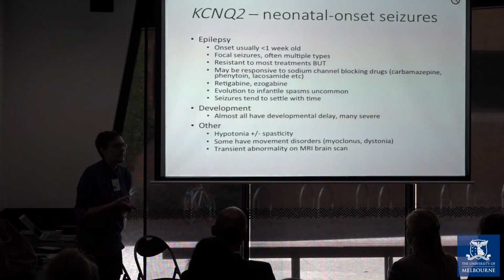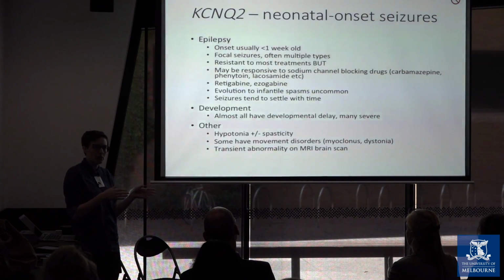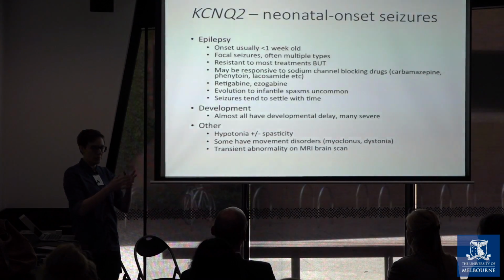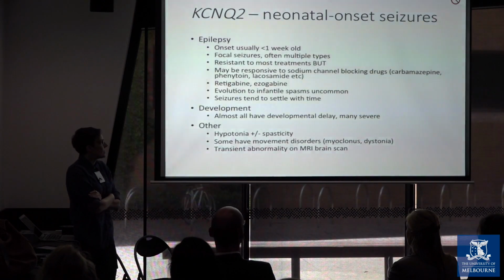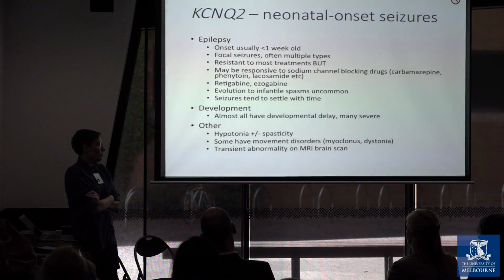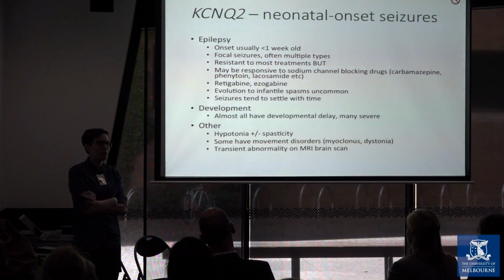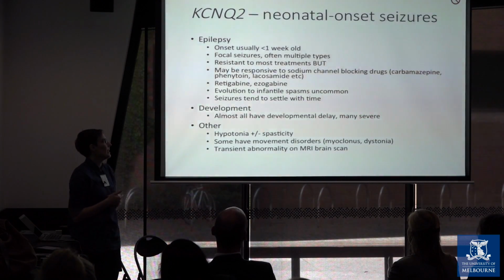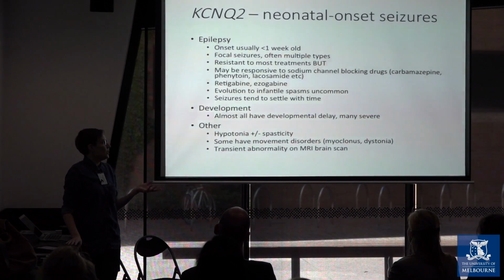One of the differences is this condition seems to respond a bit better to other sodium channel blockers, so I don't mean better than phenytoin, I mean it also responds to other ones. And so sometimes it's actually preferential to have children on one of the other sodium channel blockers because they're better tolerated and easier to maintain a stable level. So where you would usually, if we didn't in the first place, transition them across to something other than phenytoin.